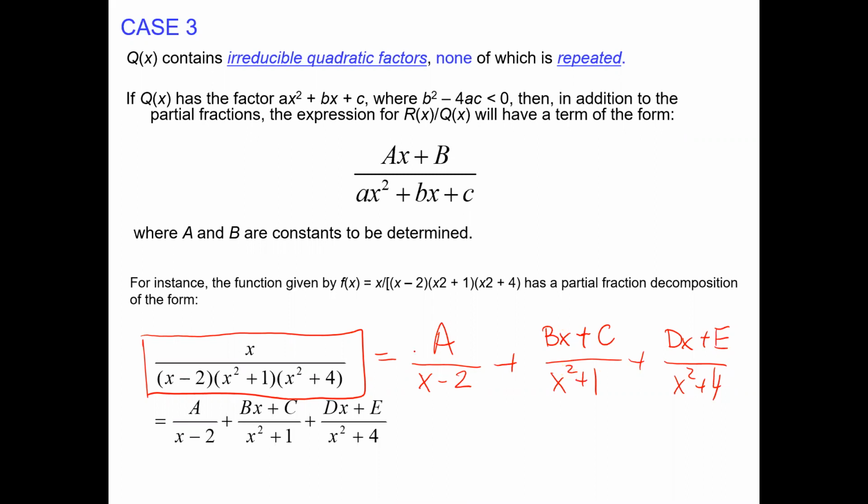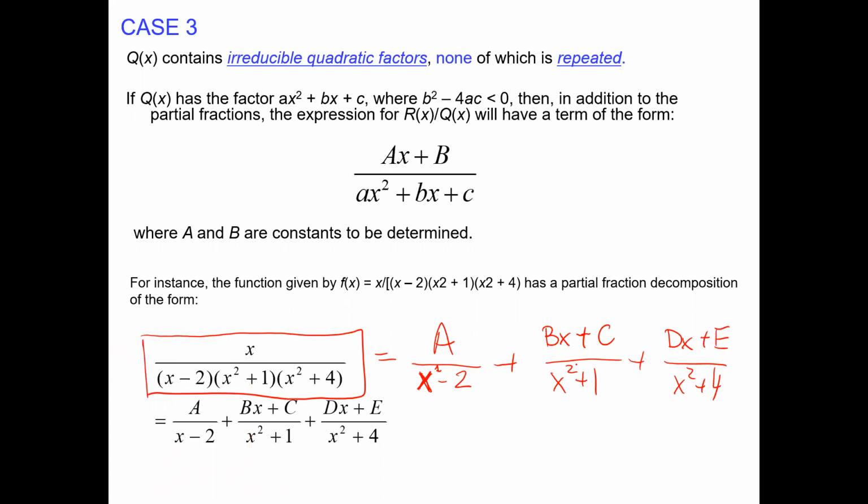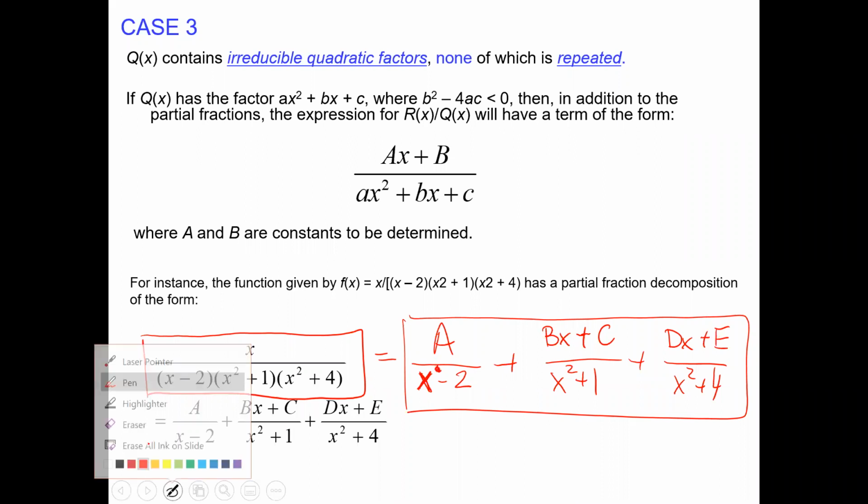Even for the linear factors, I can say x is taken to the power of 1, and the numerator is a polynomial 1 degree less, which is x to the power of 0, which is 1. So please remember, when setting up the partial fractions for case 3, the irreducible quadratic factors, we have to put the entire linear expression, like Bx plus C, Dx plus E, any letters are allowed, but it must be a linear expression. I will remove that one because it looks like a square.